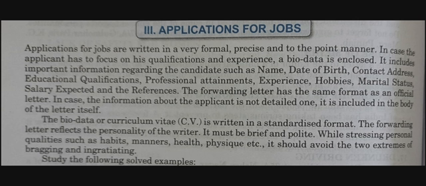Marital status means, children, are you married or unmarried? Salary expectations and the references. References, children, here means at least two persons whom you know, and they also know you. All right. And they should not be your friends or relatives.